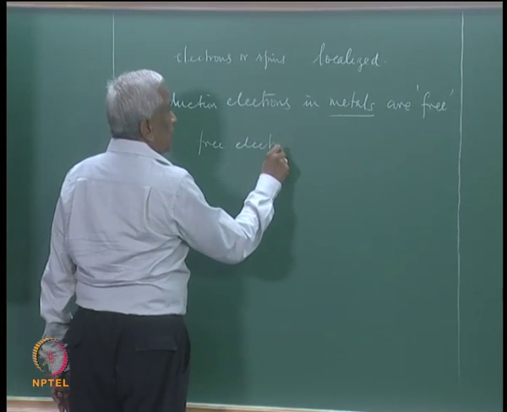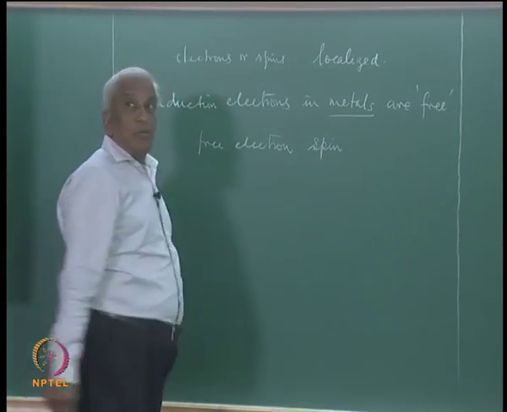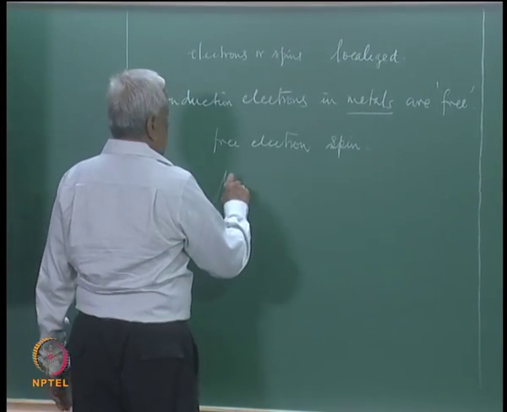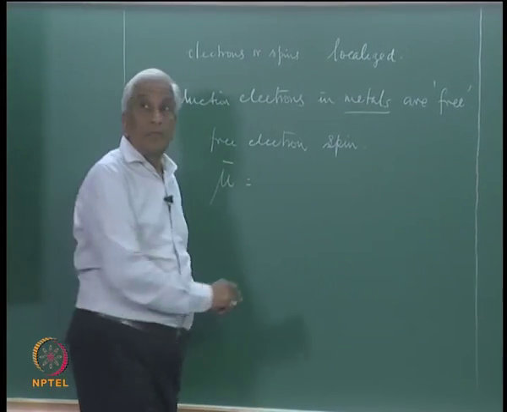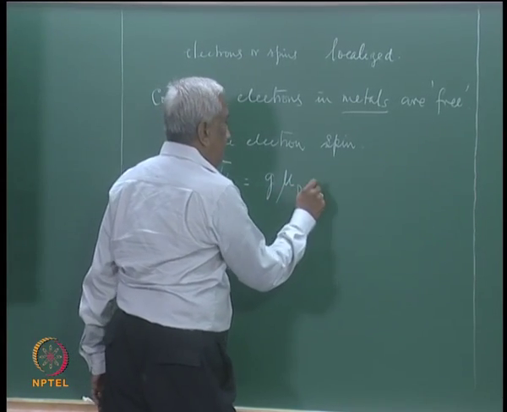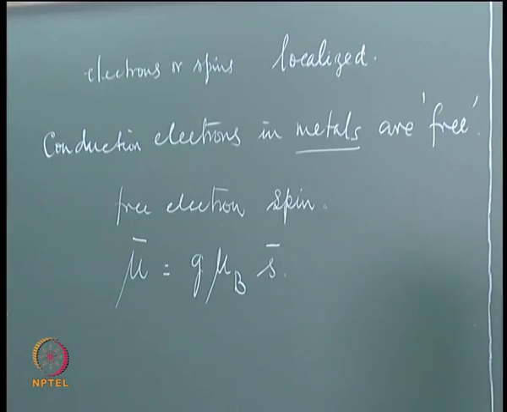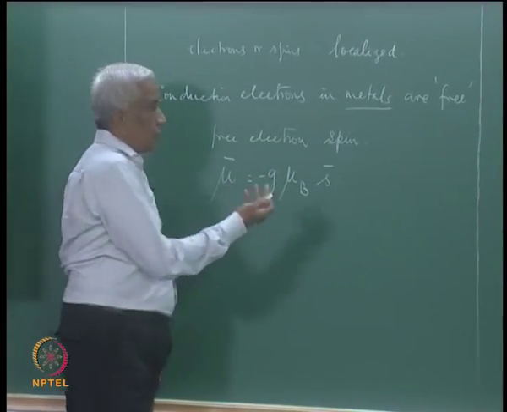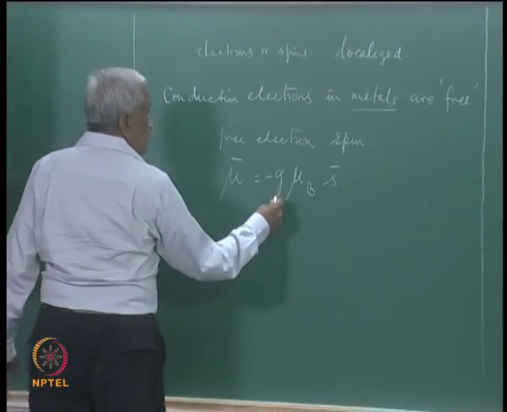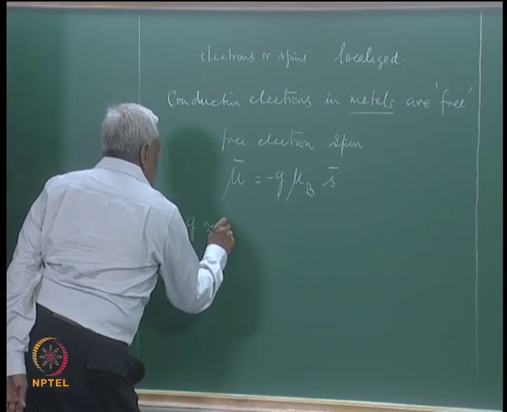Associated with the spin angular momentum, there is a magnetic moment, and we know this magnetic moment is given by, we write a negative sign to show that it is an electron, and here g is the g due to free spin, and g is known to be very close to 2.